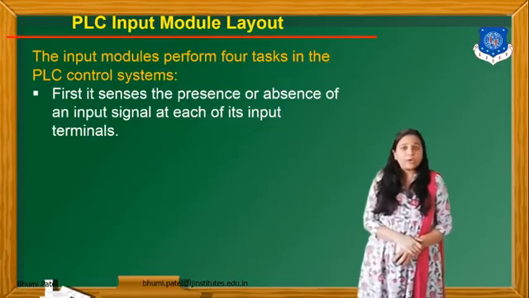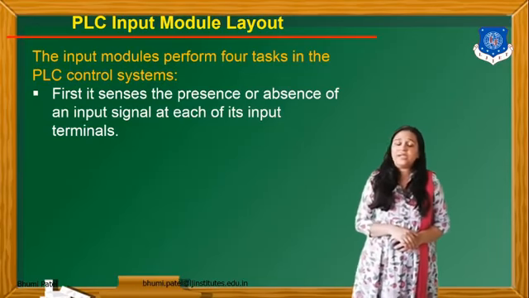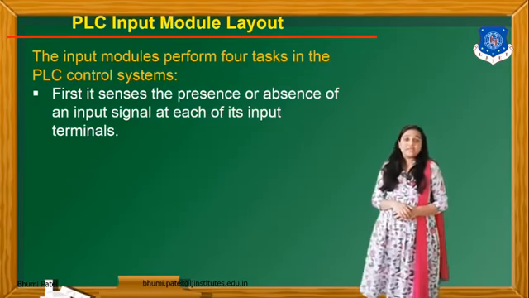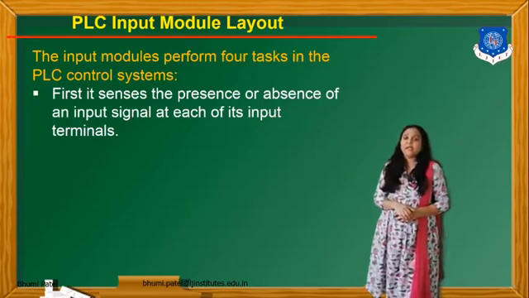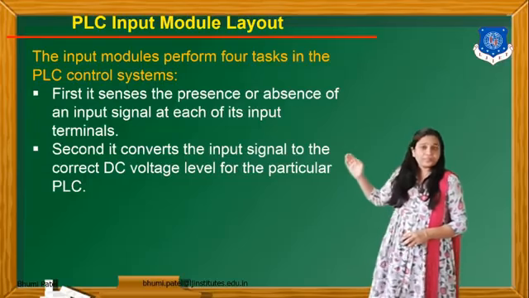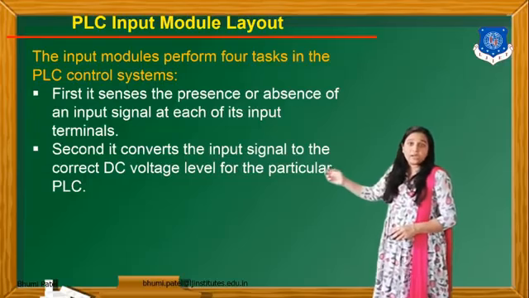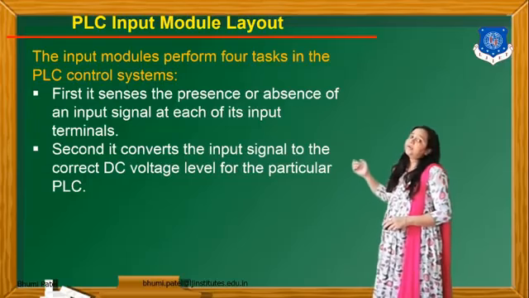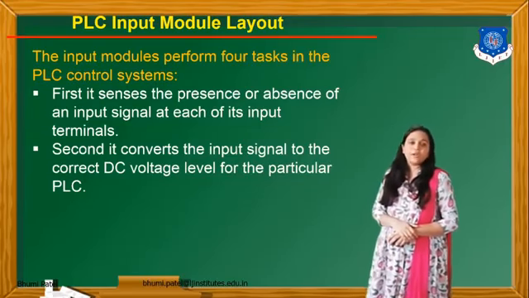Because in the input module we can connect a number of channels, it senses the presence and absence of the input signal on all of them. The second task is that it converts the input signal to the correct DC voltage level for the particular PLC.